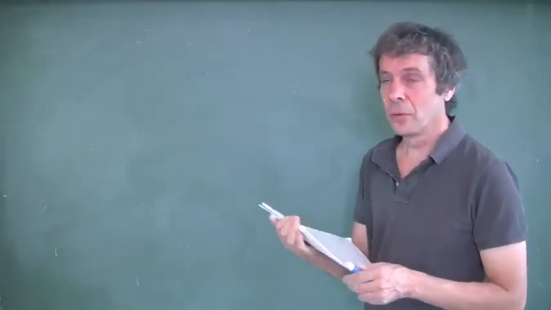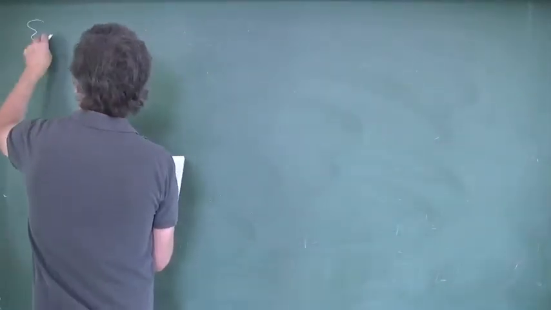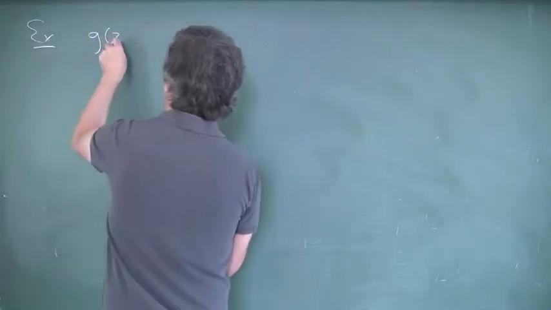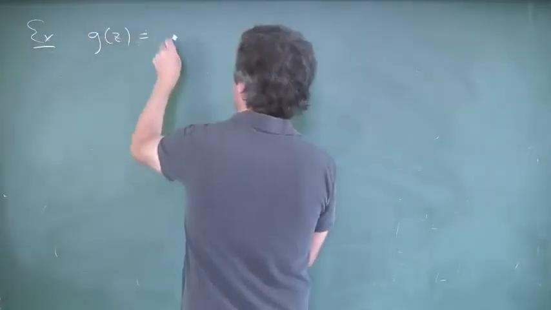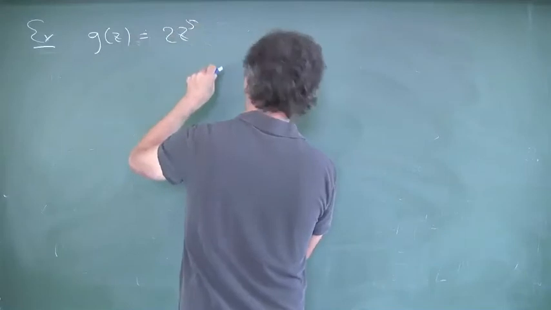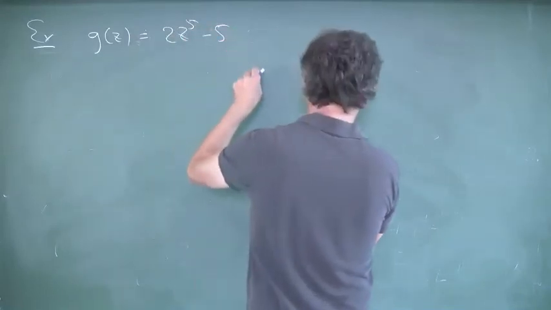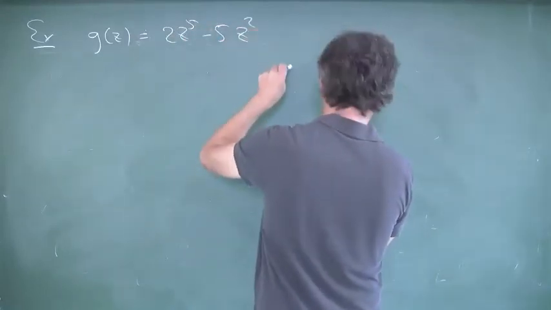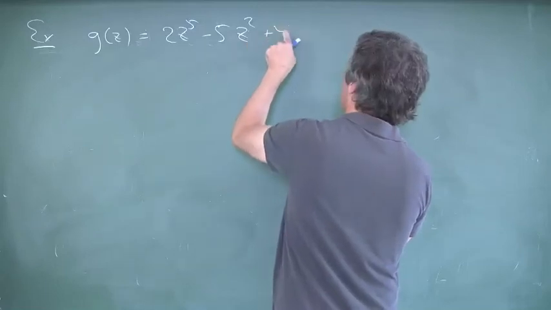So consider now the following example of Rouché's theorem. We consider the polynomial g of z, which is equal to 2 times z to the 5th minus 5 times z squared plus 43.